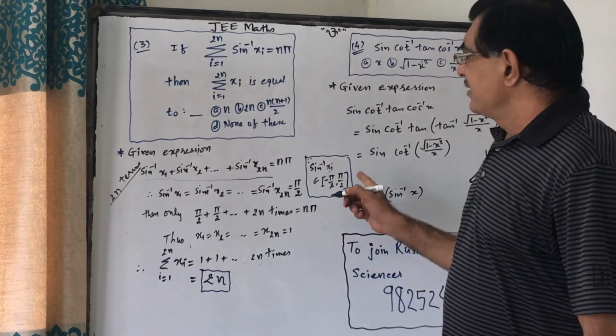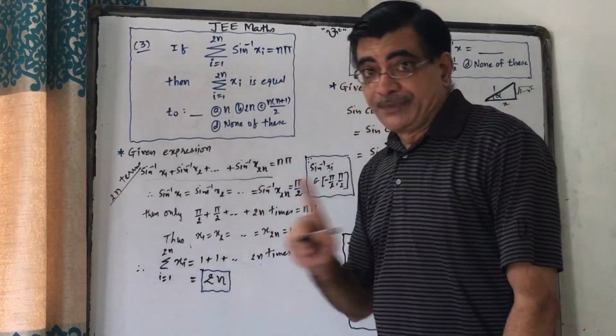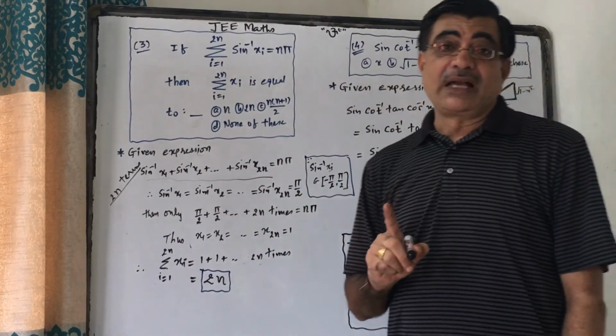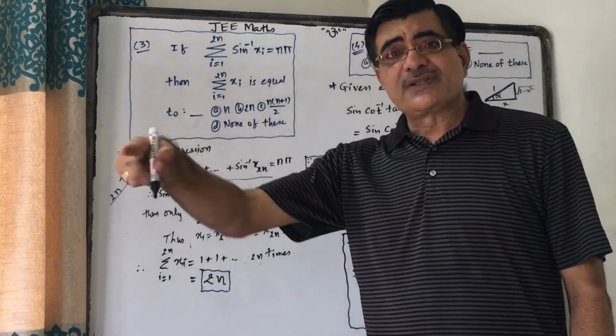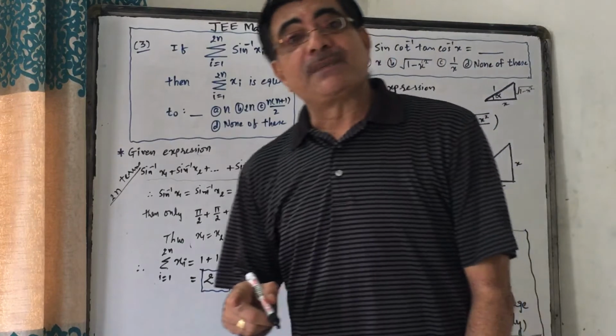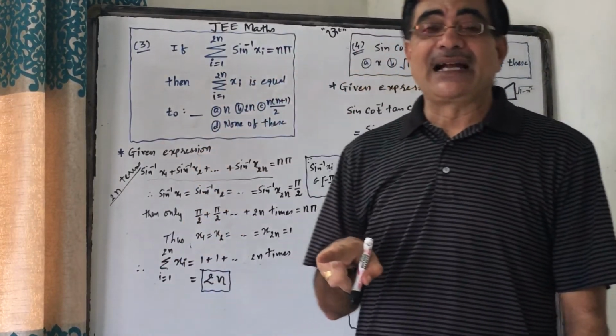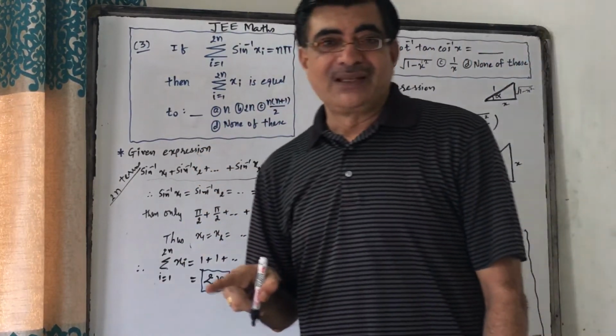So that means there are 2n terms and each term has maximum value pi by 2. So if I add all the terms, the maximum value will be n pi. But to obtain n pi, I have to take the value of each term as pi by 2.